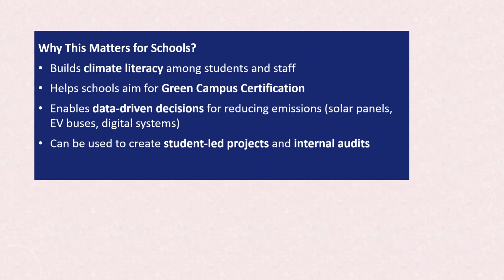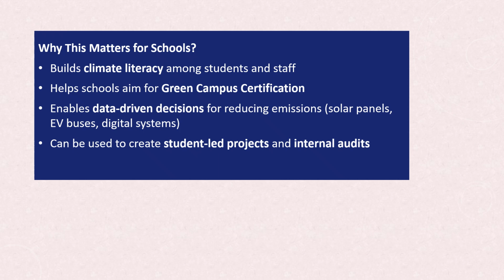Why does this matter for a school? Why do we have to calculate this carbon footprint? It builds climate literacy among students and staff and helps the school aim for green campus certification. If you lower it, the government provides you green campus certification.